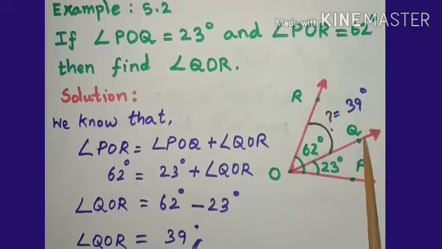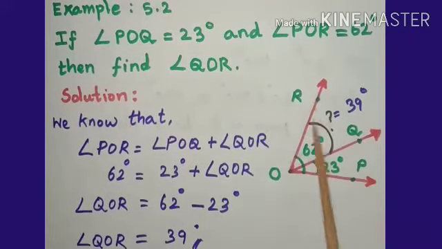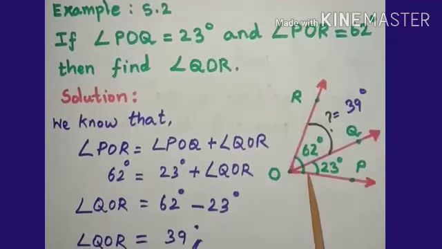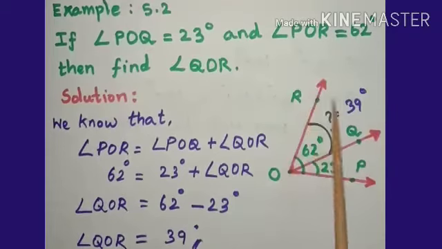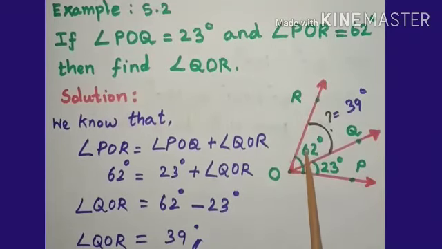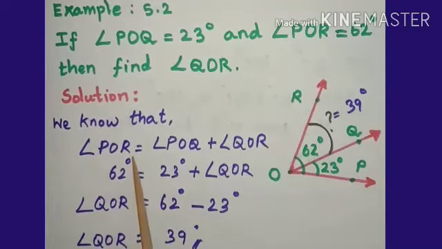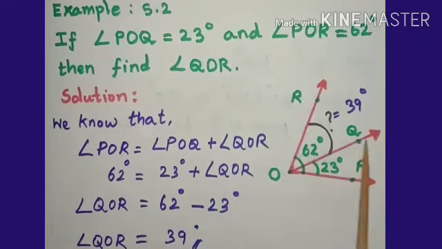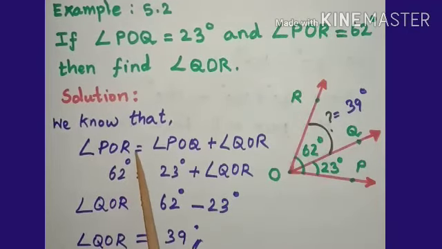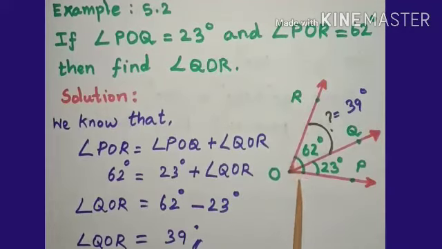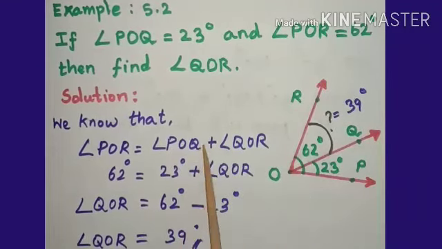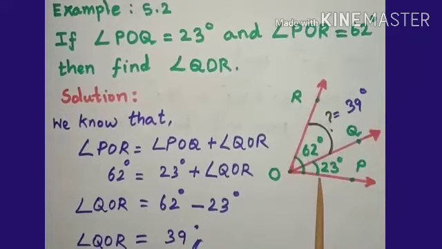Angle POQ and QOR are adjacent angles, so we can write angle POR as the sum of these two angles. That is, angle POR is equal to angle POQ plus angle QOR. Angle POR is 62 degrees and angle POQ is 23 degrees plus QOR.